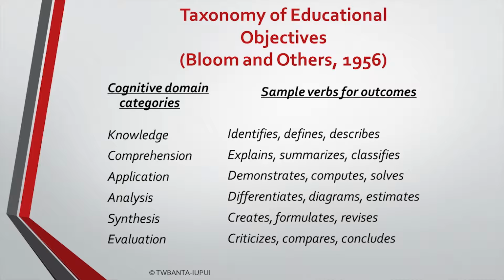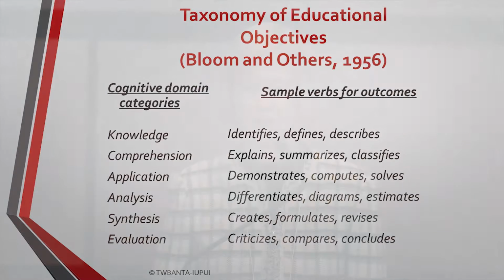To simply know something, that means you identify or describe it, all the way to demonstrating and solving at the application level, and then criticizing and concluding at the evaluation level. So if you can begin your learning outcome with an action verb, then that tells you at what level of complexity the response should be shaped. And it's really helpful to have a verb to begin a learning outcome.